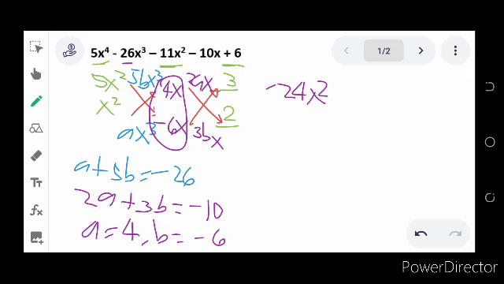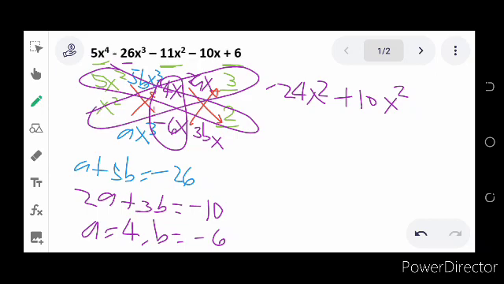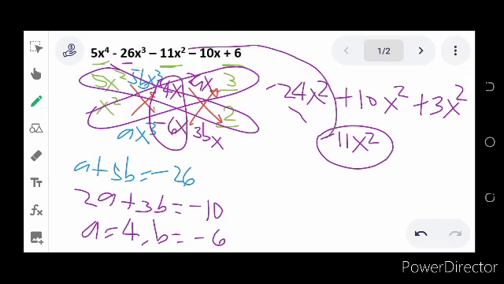Then you have 2 times 5x squared, that gives you 10x squared, and then x squared times 3, that gives us 3x squared. When you add them, negative 24 plus 10 is negative 14, plus 3 is negative 11x squared. We were now able to get the correct coefficient for the x squared term.